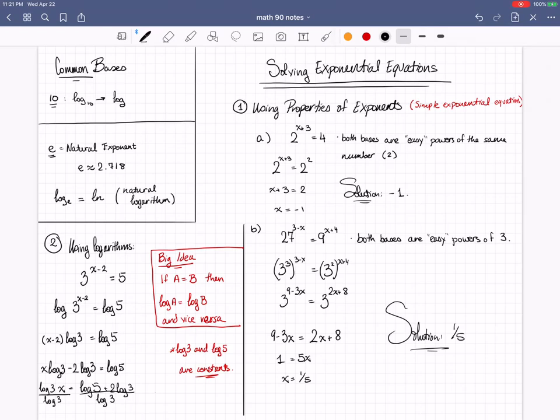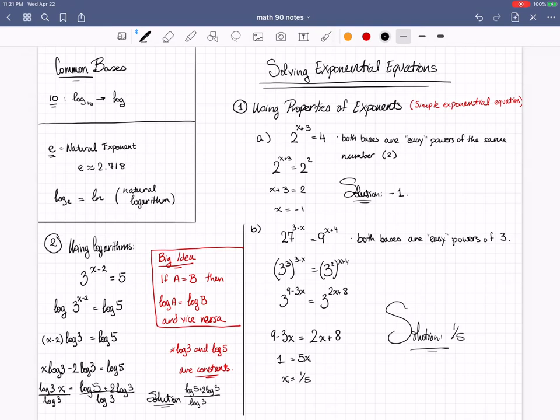So the solution here is log 5 plus 2 log 3 over log 3. Please be careful. You cannot cancel out the log 3's here because only one of the terms in the numerator is divisible by log 3. So you might be looking at this and you might be thinking, ugh, that's kind of messy.